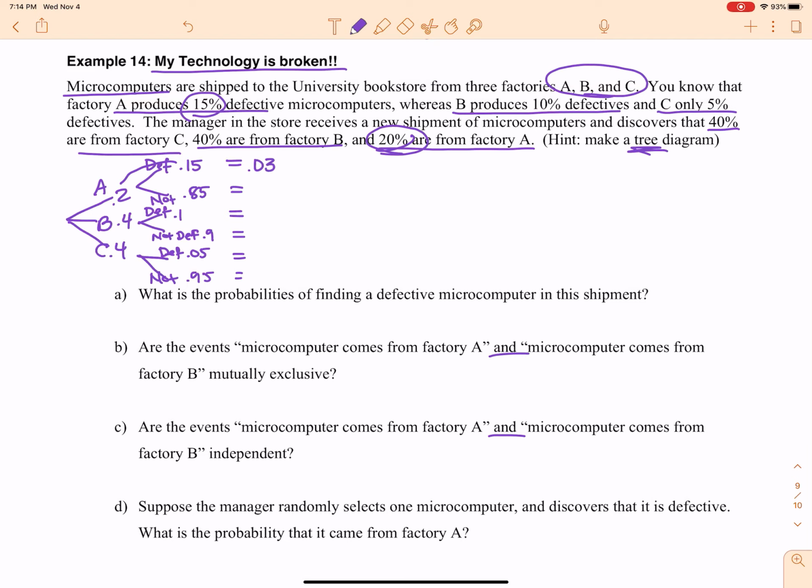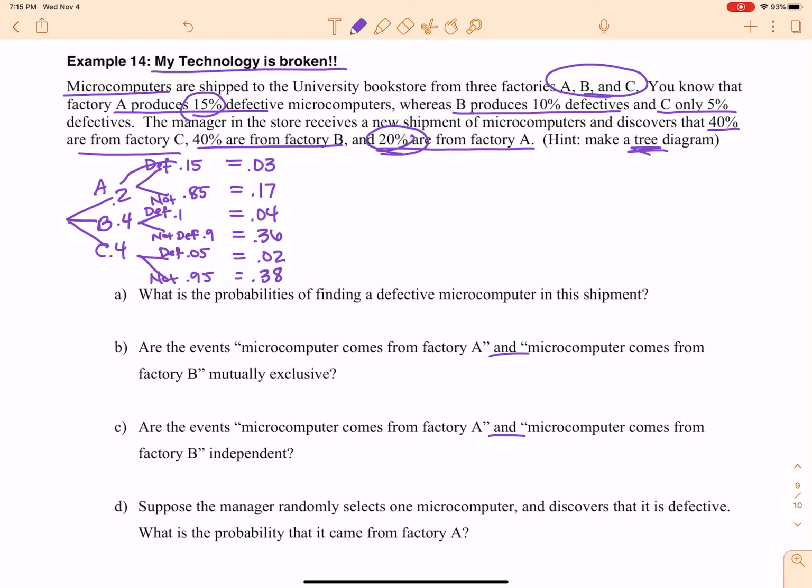All right. 0.2 times 0.85 gives me 0.17. 0.4 times 0.1, of course, is 0.04. 0.4 times 0.9 is 0.36. 0.4 times 0.05 gives me 0.02. And 0.4 times 0.95 gives me 0.38. All right. So those are all of my possible probabilities here.